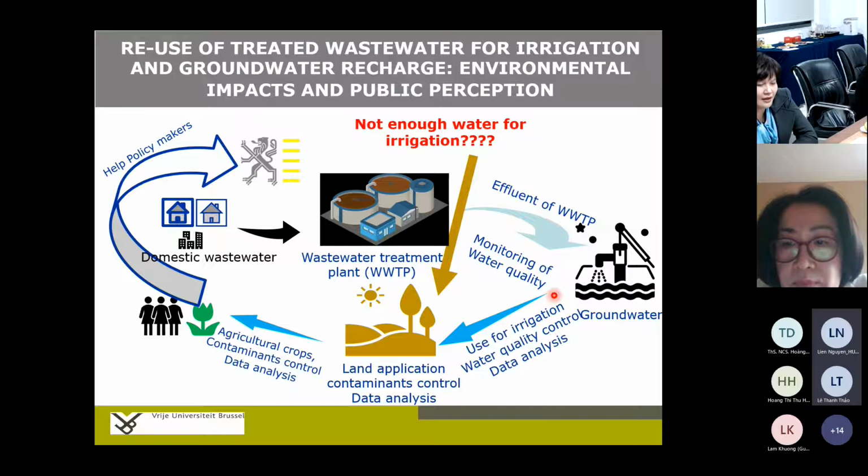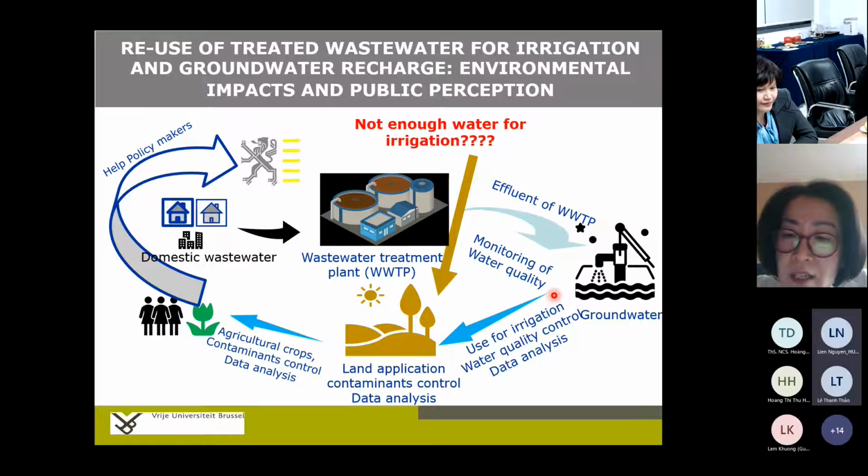But I mean, if the level of different toxic substances in effluent water is low enough, then it's okay to apply that water to irrigate the crops. Yeah, that's the purpose of this project, to open a door to the farmers.